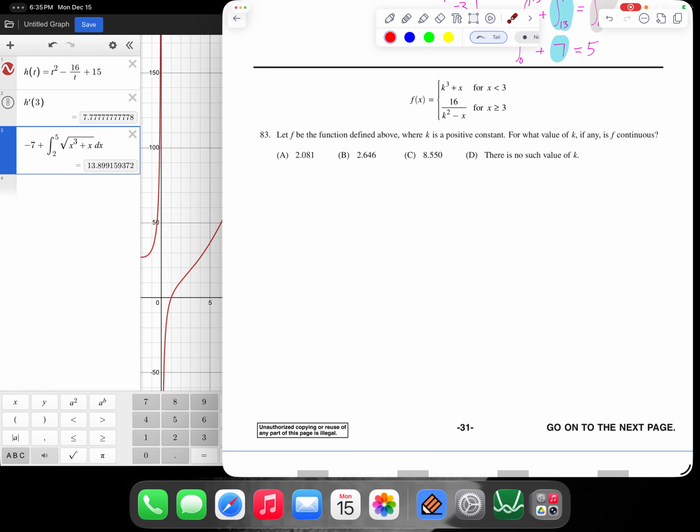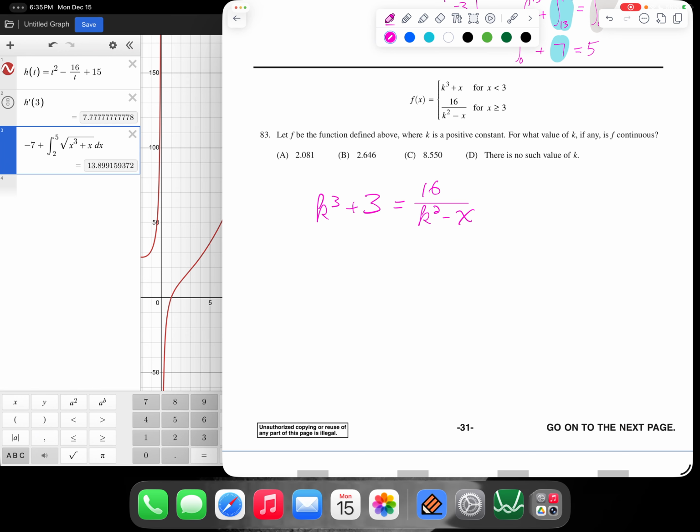In other words, if I put 3 in for x into the first function, it should be the same as if I put 3 in for x into the second function.